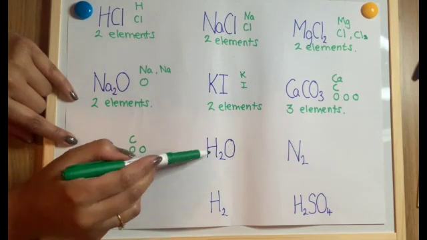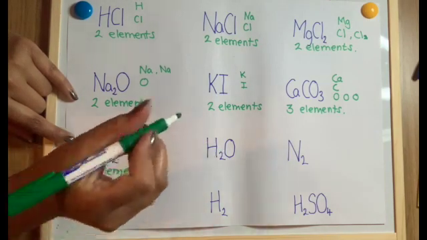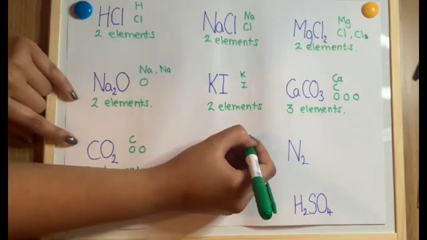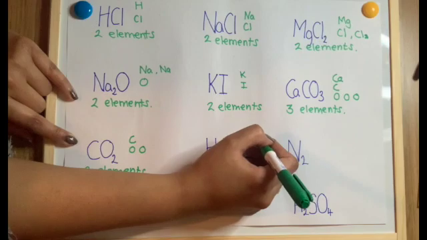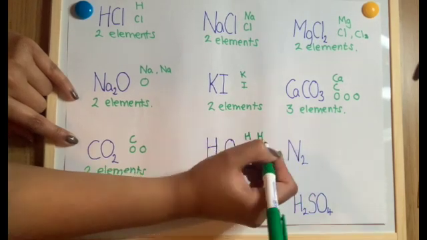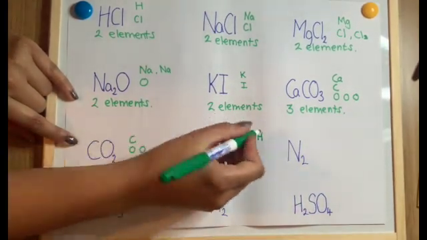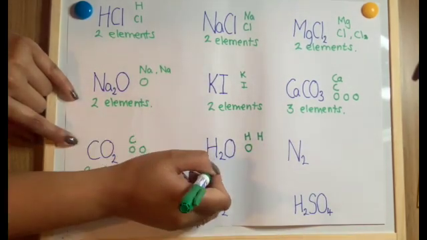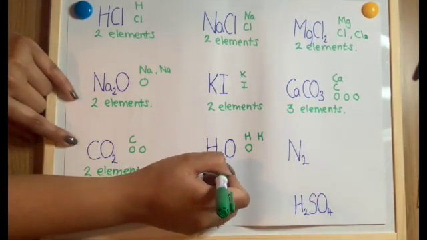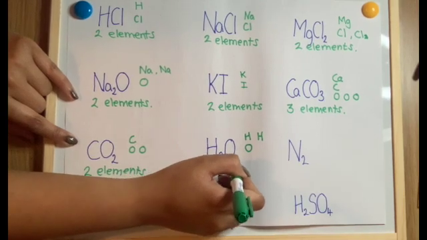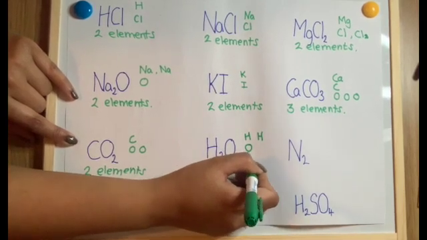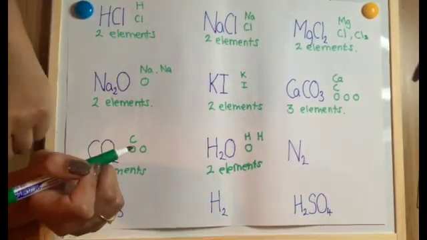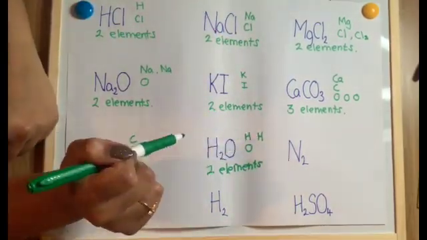And if I look at this molecule here, H2, so H, which is my hydrogen, but because I've got 2 of them, that means I've got 2 hydrogens joined to 1 O. So again, we're looking at 2 elements, but 3 atoms altogether.